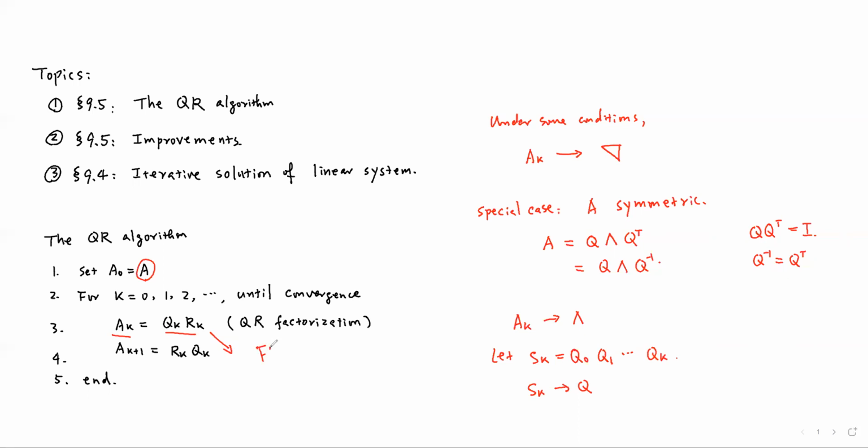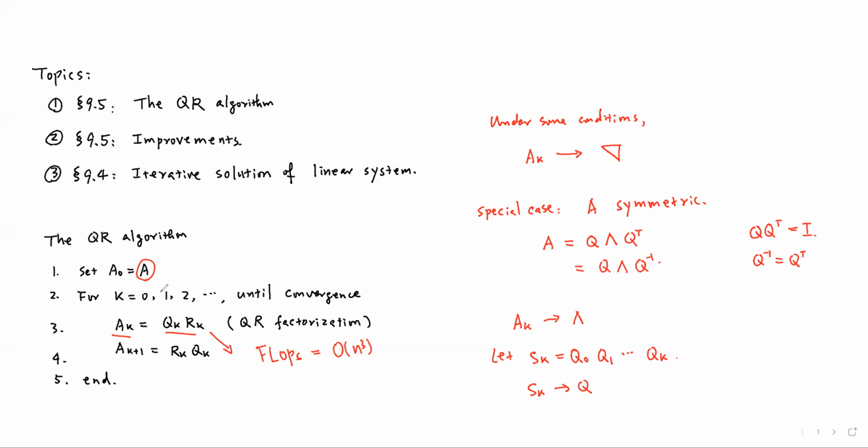The floating point operations to perform a QR factorization is order n cubed. When n is large, this step is very time consuming. Now, is there any idea or method to reduce the computational cost of the QR algorithm?